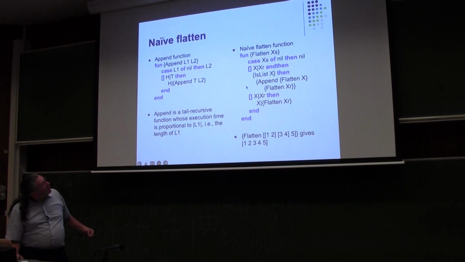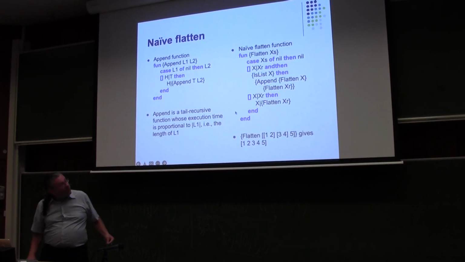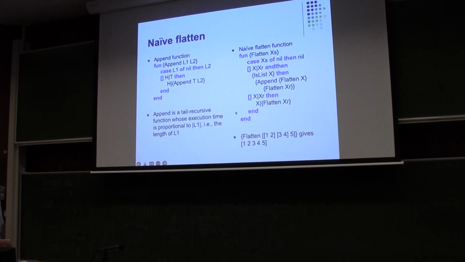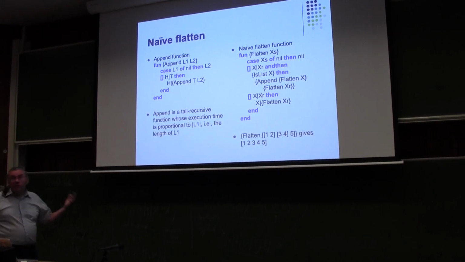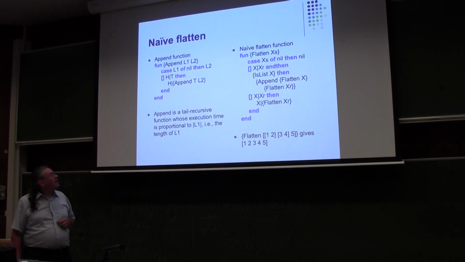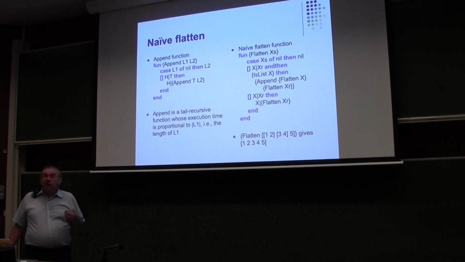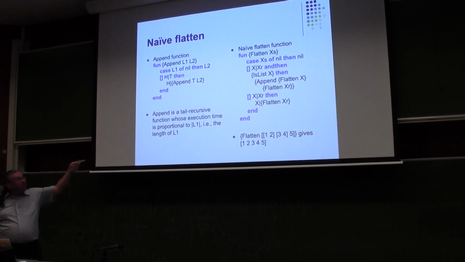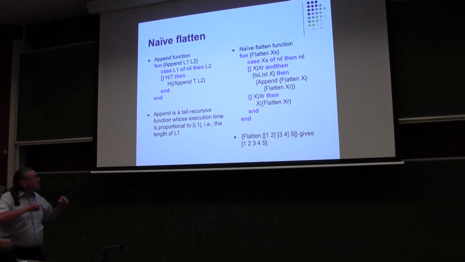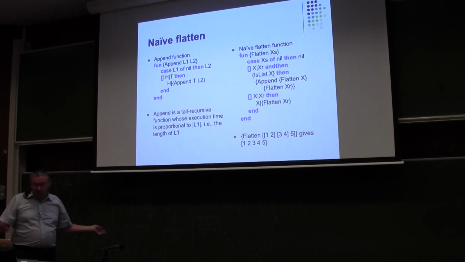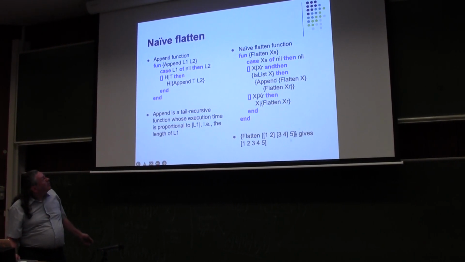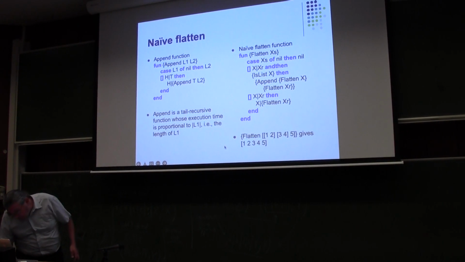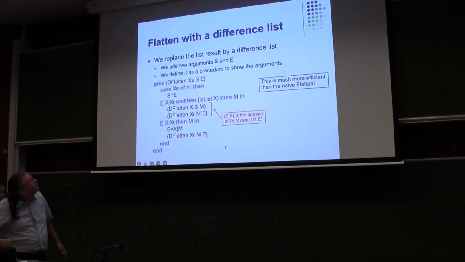So the total time complexity of this is you have to worry about the lengths of all the sublists, okay? Whereas if you can rewrite this using difference lists, then you don't need append. So difference list kind of makes append disappear, okay? So let me show you now the difference list version, and then I'll run some code.